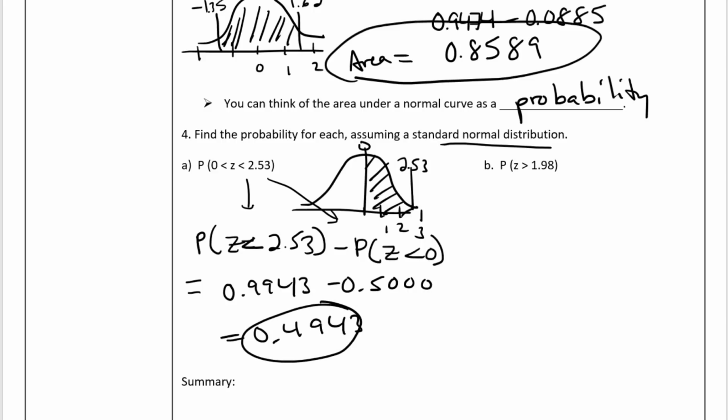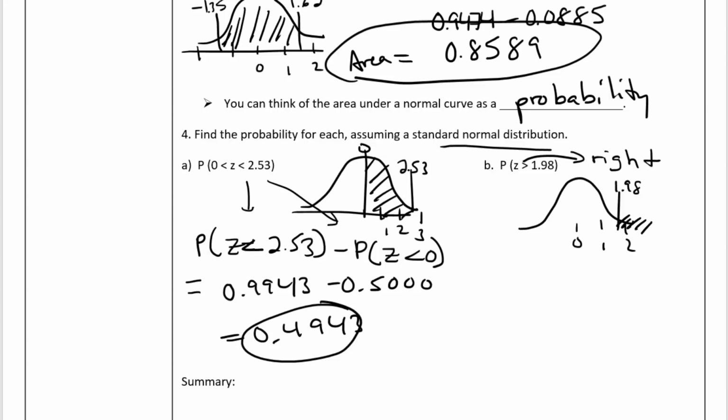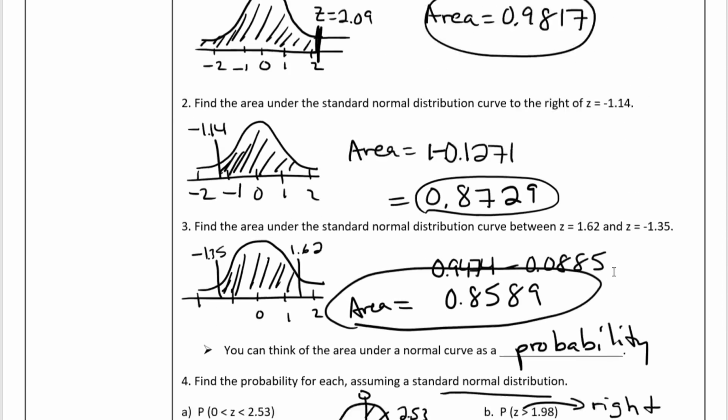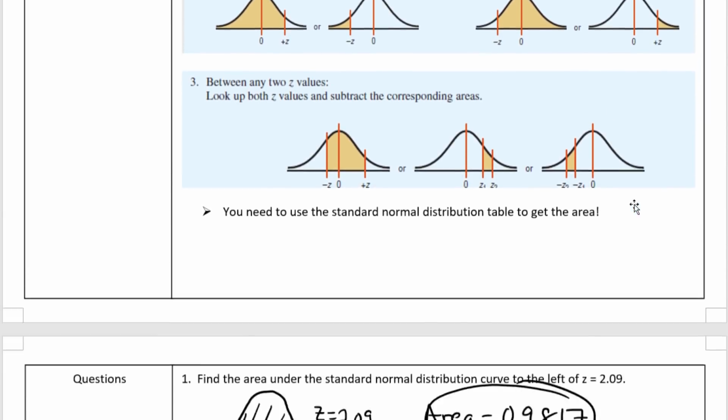Now they want the probability that z is greater than 1.98. So remember, if we want to the right, this means to the right. So z is greater than 1.98. So 0, 1, 2. So this is 1.98. We want to the right. That means we need to get the area from the table and subtract it from 1. If you look up here, look up the z-value and subtract the area.